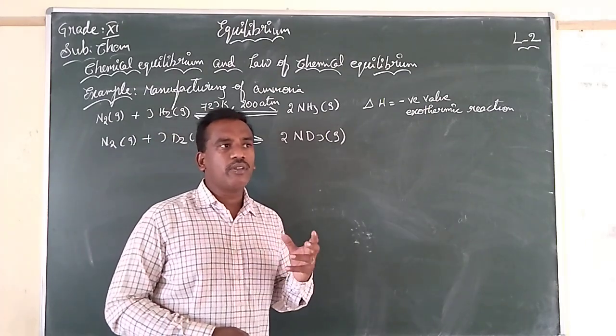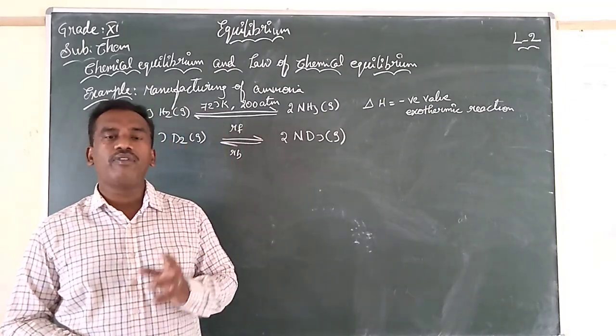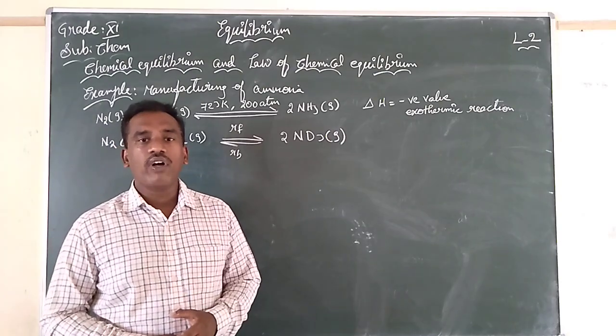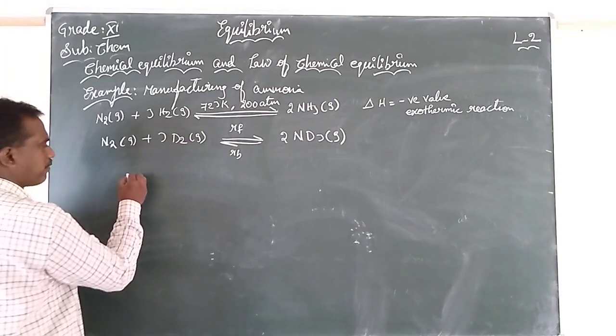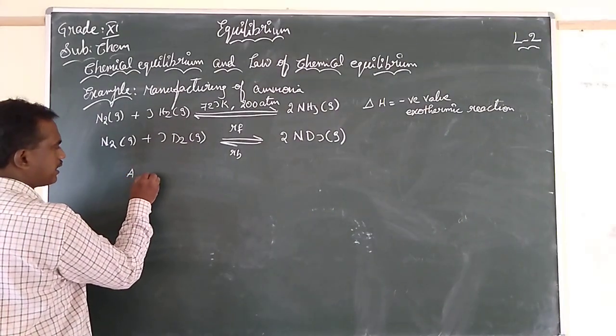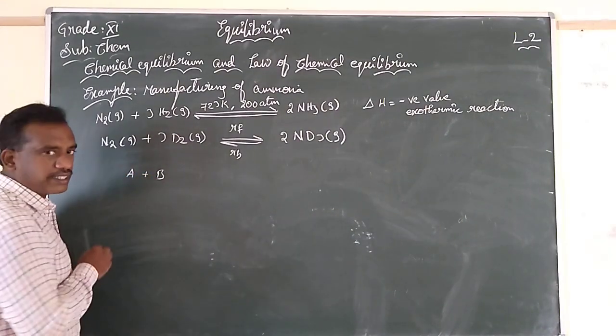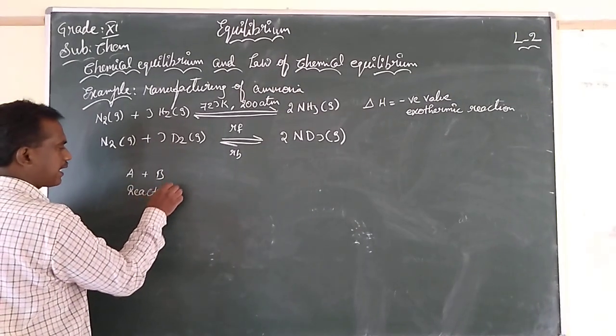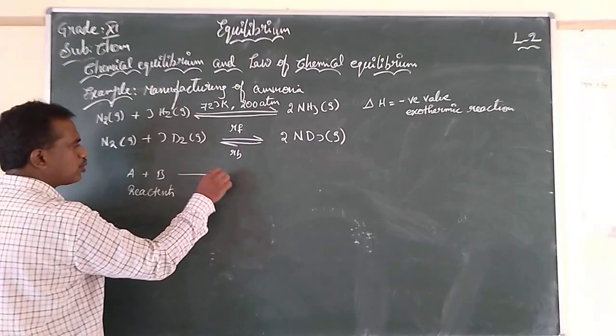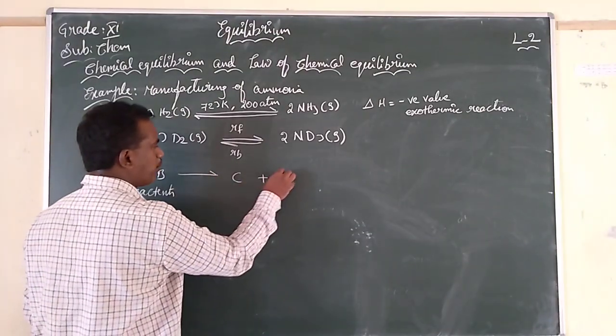So instead of taking this example, we can take a general equation. A reactant A is reacting with reactant B. These both are reactants. They are forming C and D products.